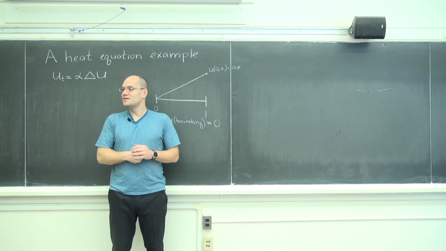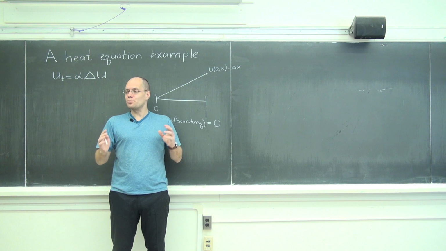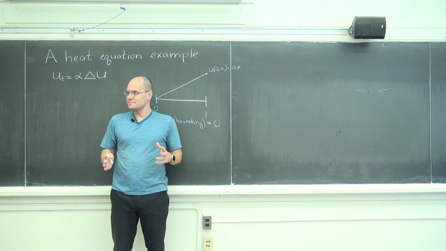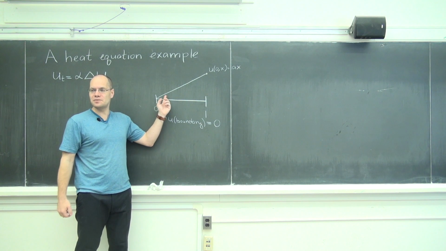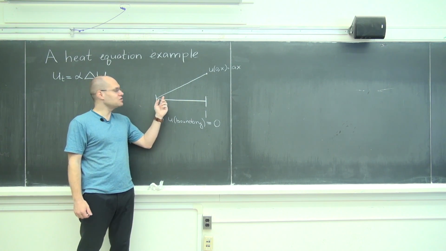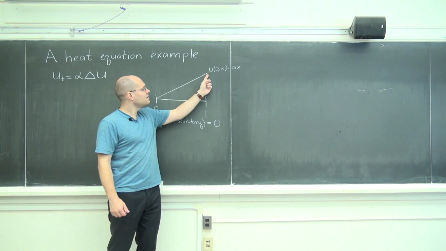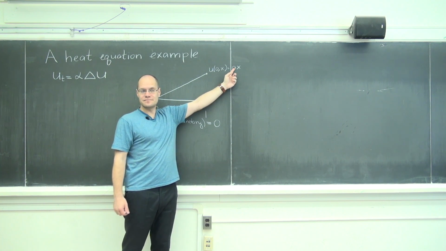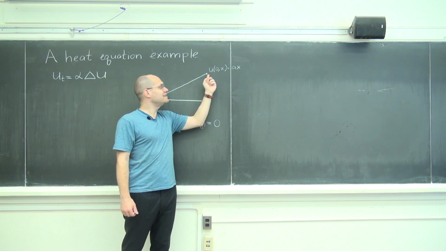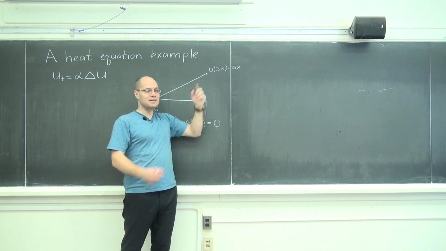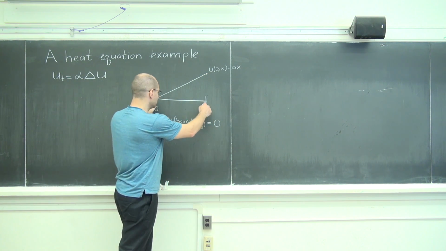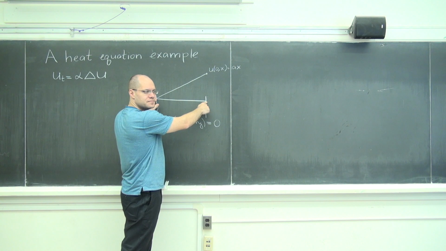And you might say, rightfully so, that there is a problem to begin with, because our initial condition doesn't match the boundary condition. How can this function have the value of a at x equals 1 at the initial instant, but then for all times greater than 0, be right at 0?